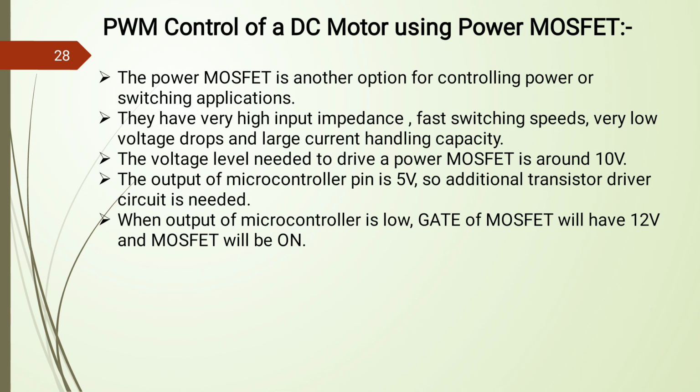Based on that we make the connections. The MOSFET is preferred for interfacing a DC motor with the PIC microcontroller because the MOSFET has very high input impedance, high switching speed, and high current and voltage handling capacity compared to the transistor.